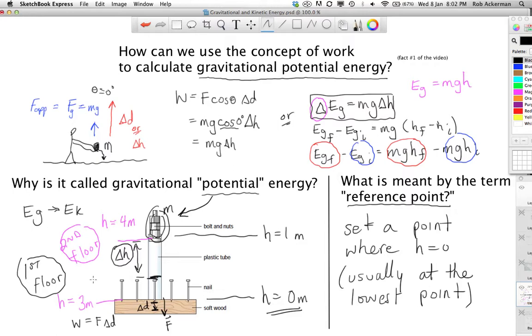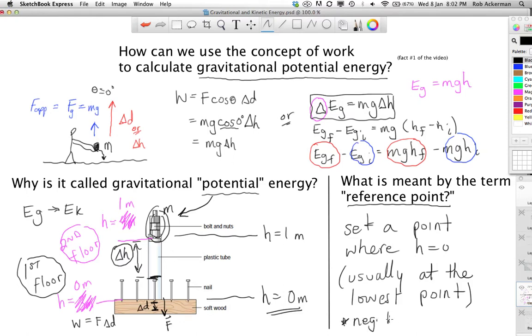And my colleague upstairs who's teaching this lesson, she can do the same. She does not have to go and say, oh, how high am I above the first floor? She can call this 0 for her, and therefore this 1 meter. She's going to get the same results in her calculations as I am. So this is what we mean by a reference point. If you go below the reference point for whatever reason, then you can have negative height.